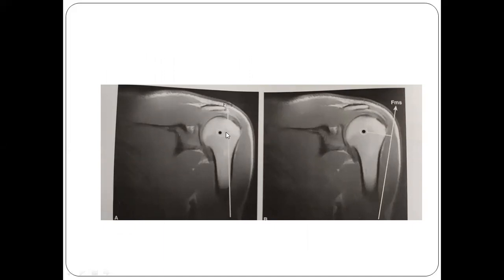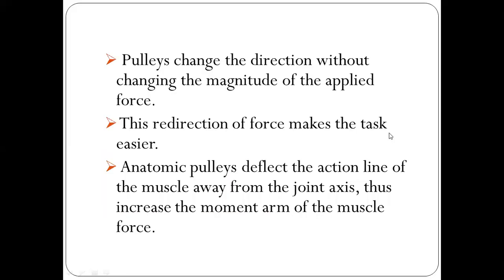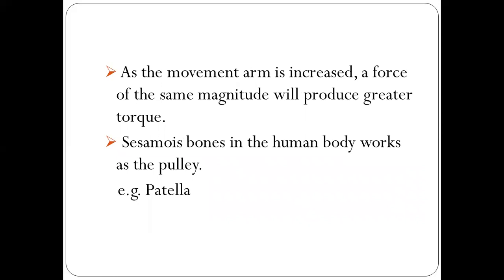So the moment would be this much. But here, as the line of force is in this direction and this is the joint axis, the moment would be increased. So the task would be easier. As the moment is increased, a force of the same magnitude will produce greater torque.